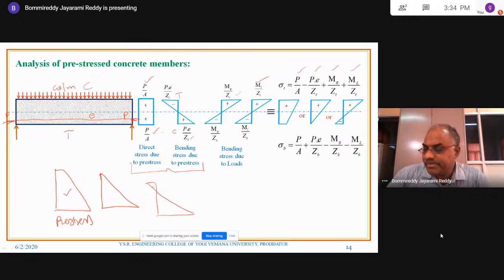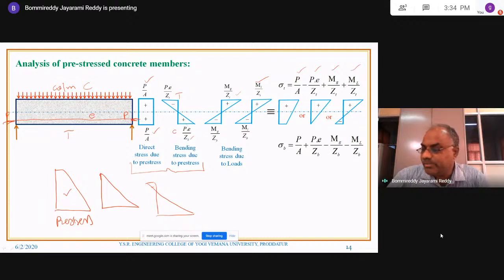Similarly, the resultant stress at the bottom is again the algebraic sum: P by A plus PE by Z minus Mg by Z minus ML by Z.